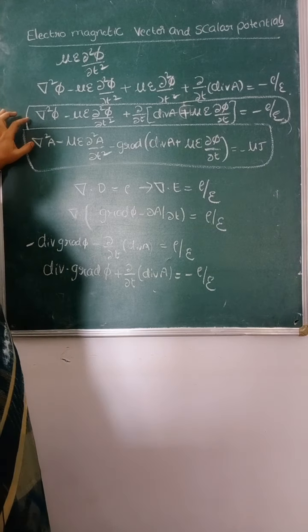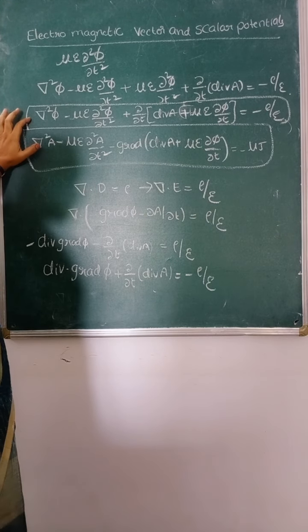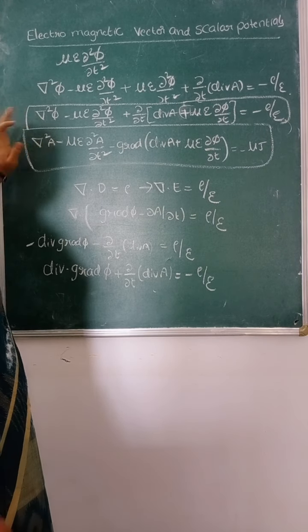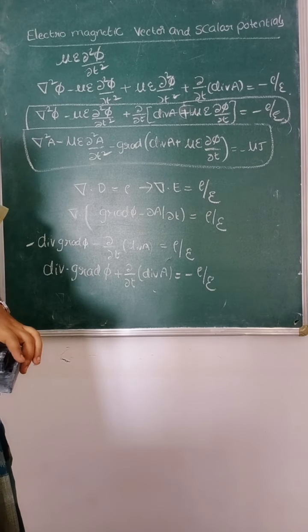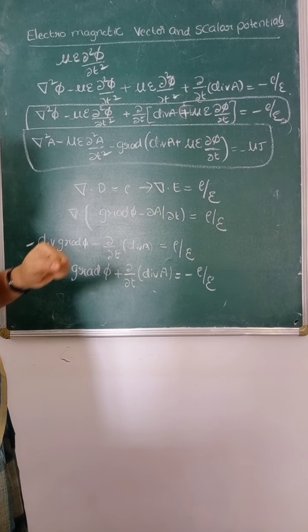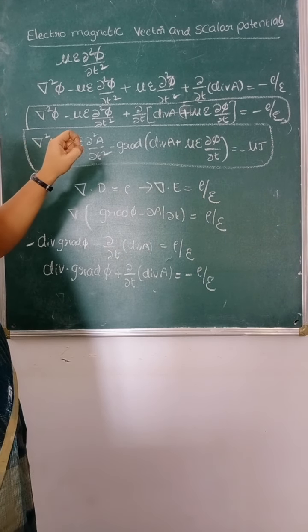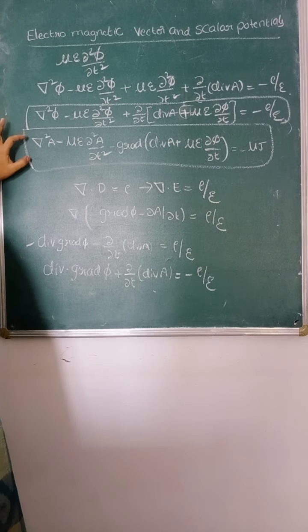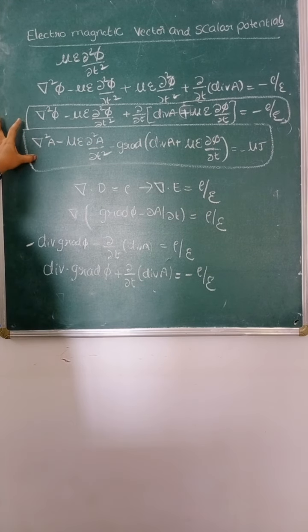These two equations are also called Maxwell's equations in terms of A and phi. These two are called electromagnetic inhomogeneous wave equations.